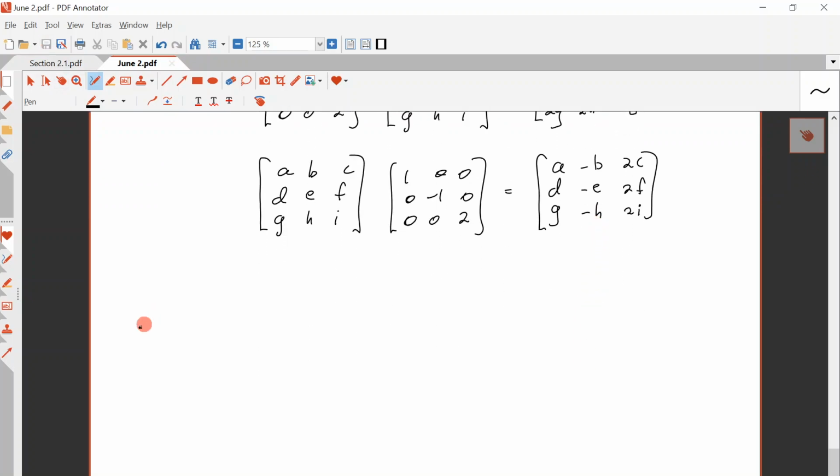One last thing in this section: the transpose of a matrix.